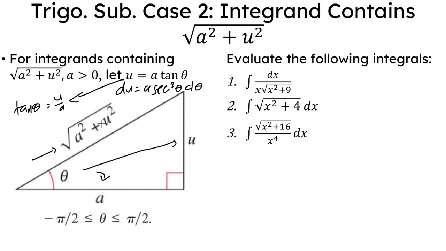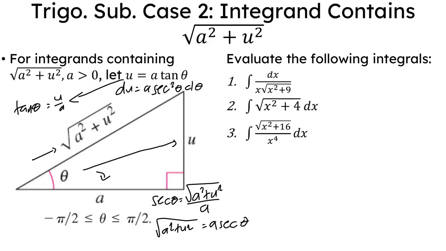So that we have an expression for the square root of a squared plus u squared in terms of a, secant theta is equal to the square root of a squared plus u squared all over a, making the square root of a squared plus u squared equal to a secant theta.